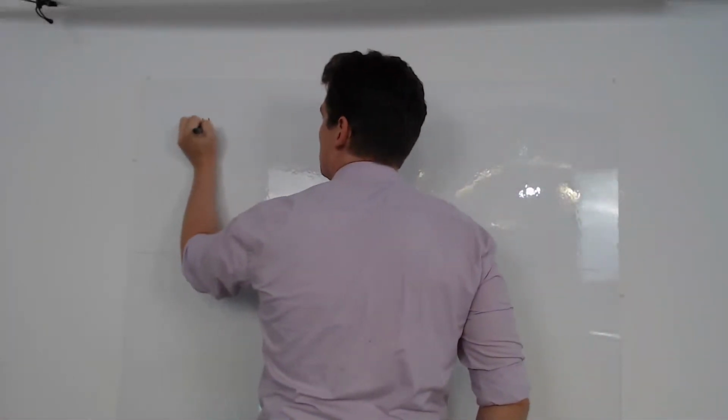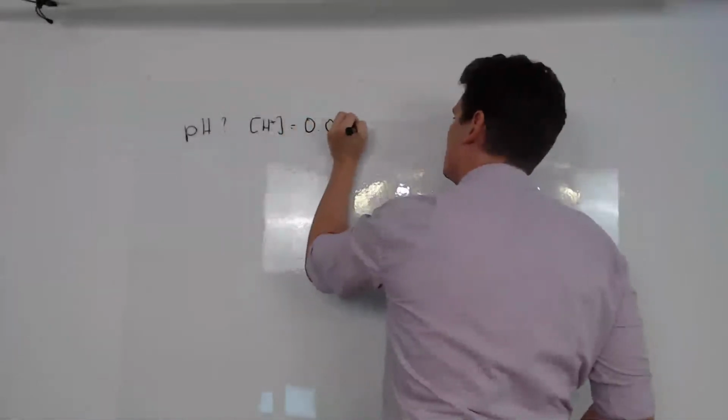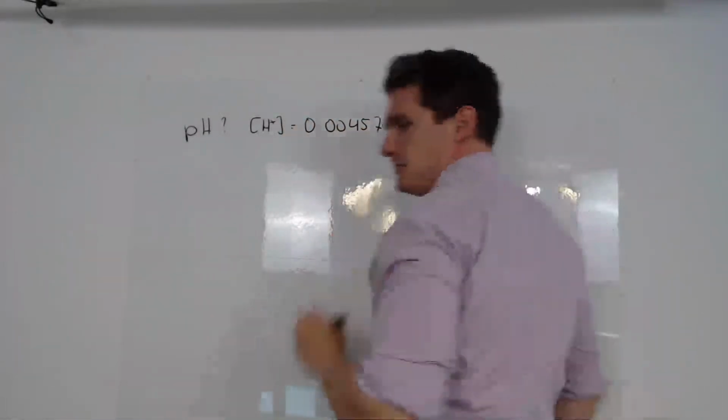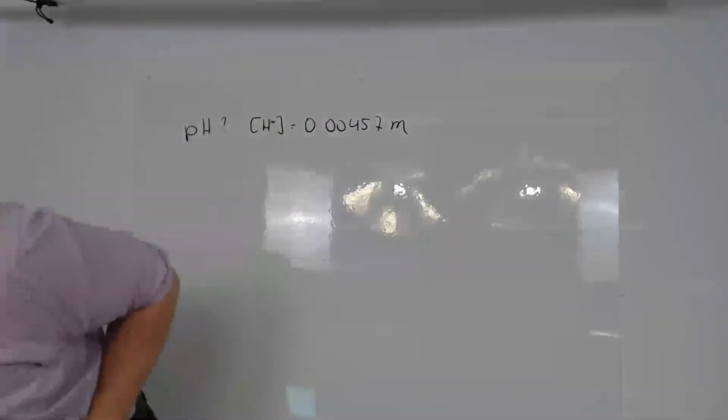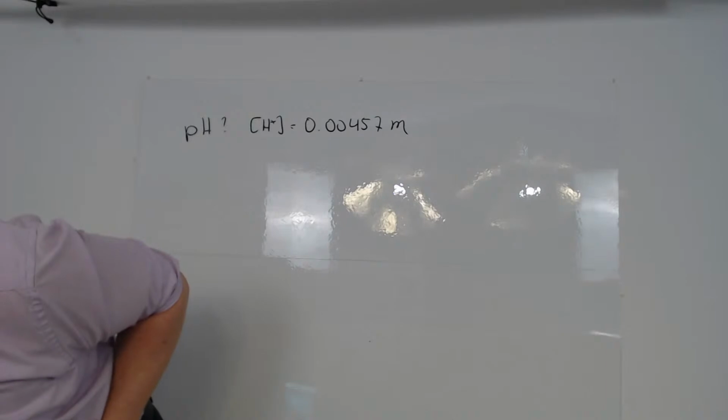pH and pOH. All right, bring it up. So the one asking is if the concentration of H+ is 0.00457. So that work? Oh, pH from Kb.